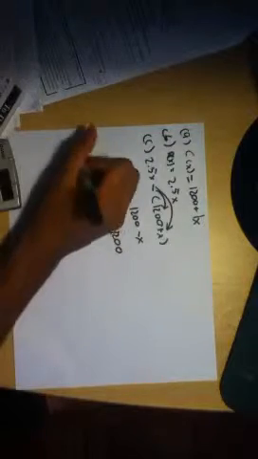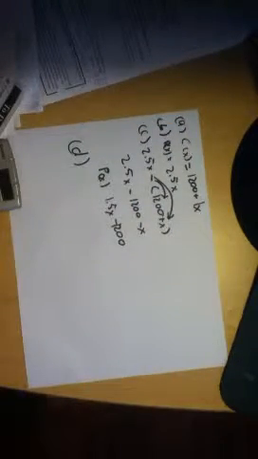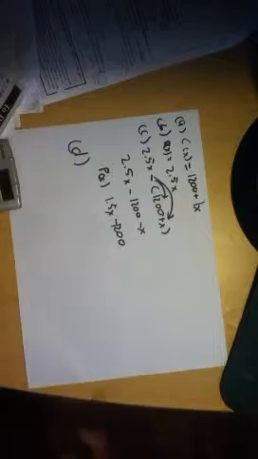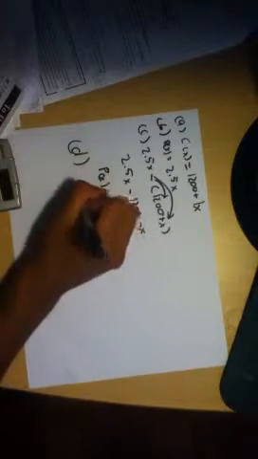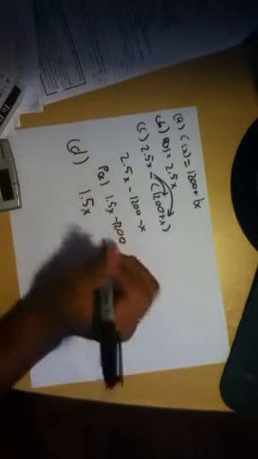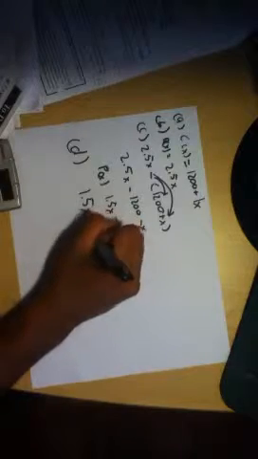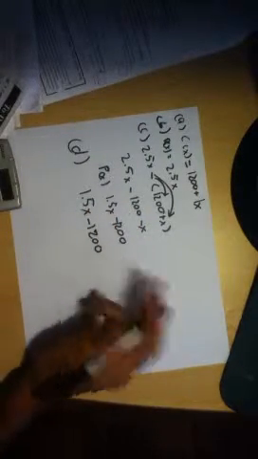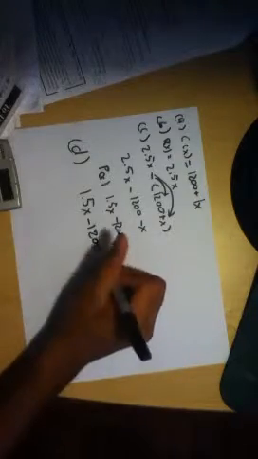Great. So for D, in order to find out how much it takes to break even, that's again real simple, basic, not that hard. It's just 1.5x minus 1,200, and you just set it equal to 0.